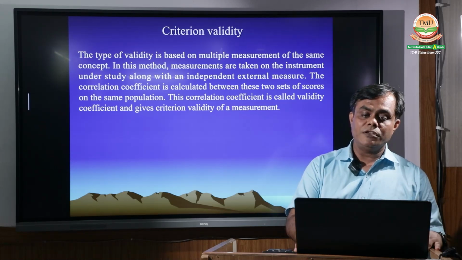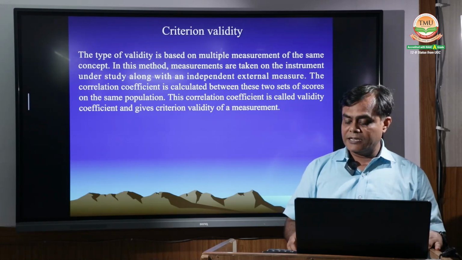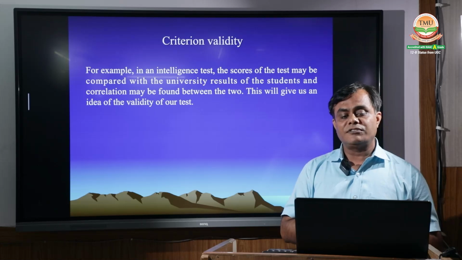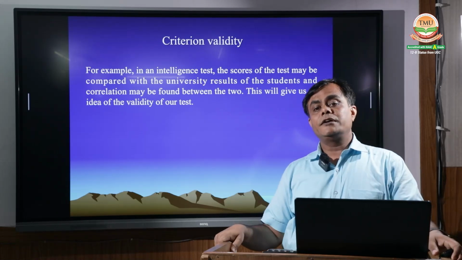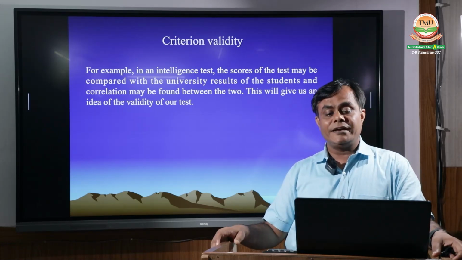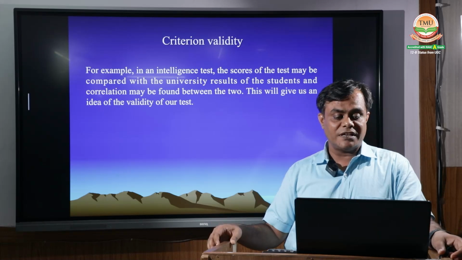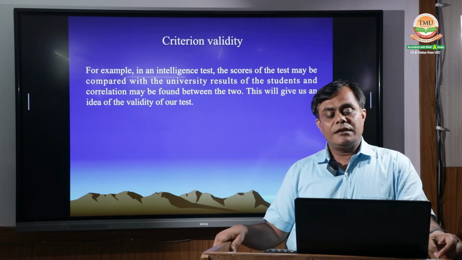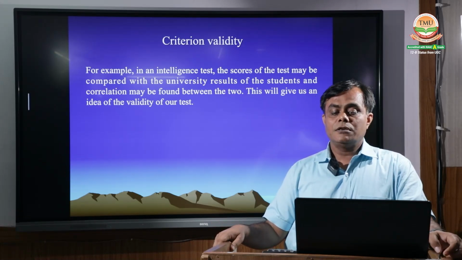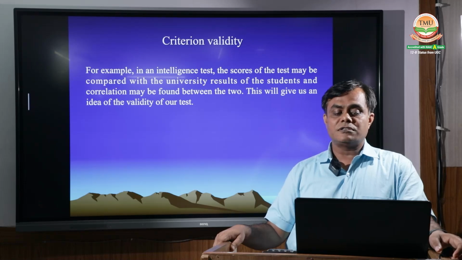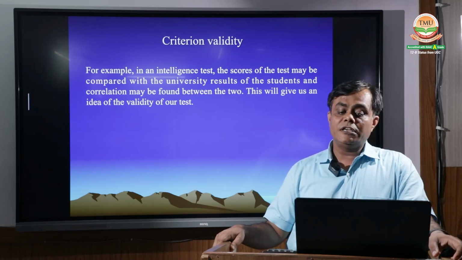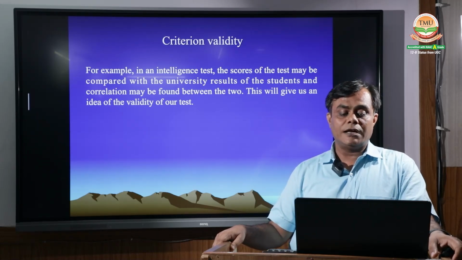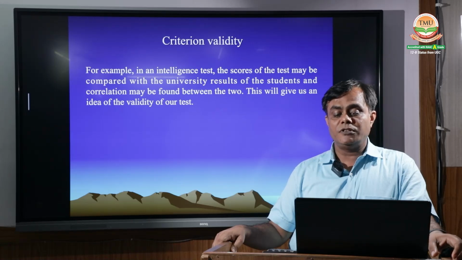The third type is known as the creation validity. As in the slide, it relates to the creation approaches to validity. For example, in an intelligence test, the score of the test may be compared with the university result of the student, and the correlation may be found between the two.